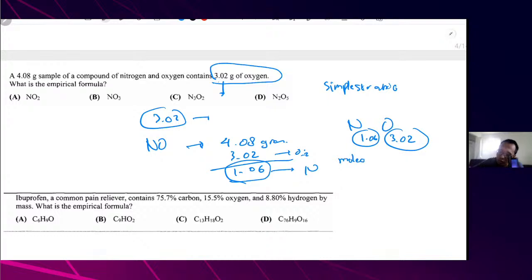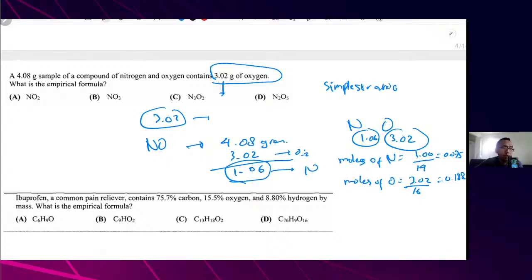Moles of N is grams per Mr, so 1.06 divided by 14, and we will get 0.075. And then the moles of oxygen is 3.02 divided by 16, which is 0.188.